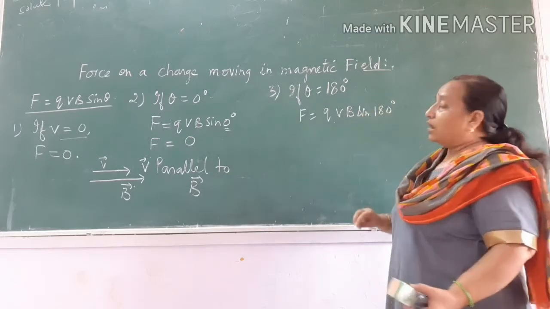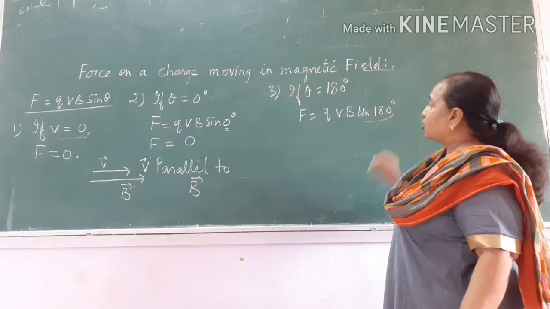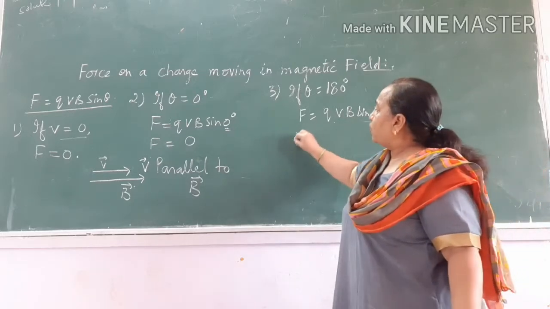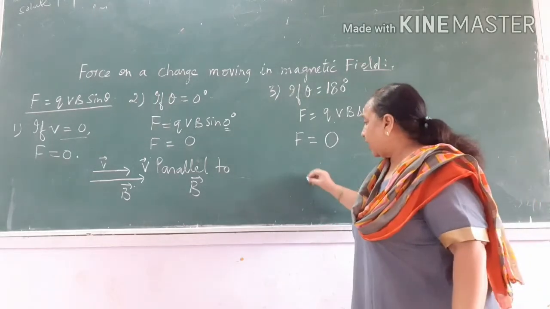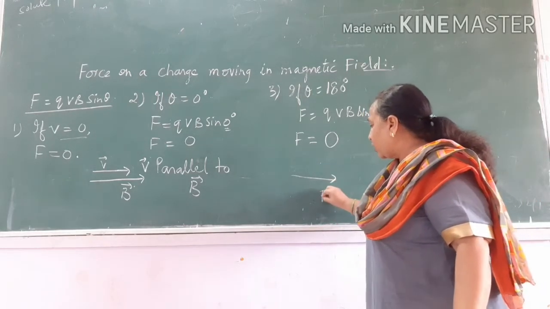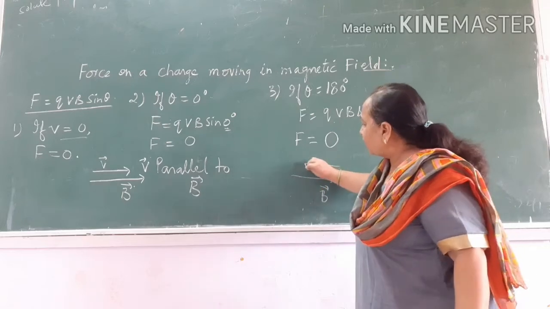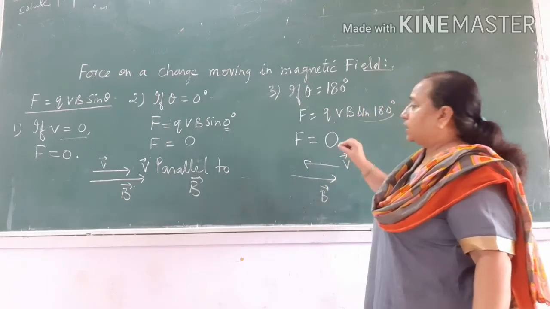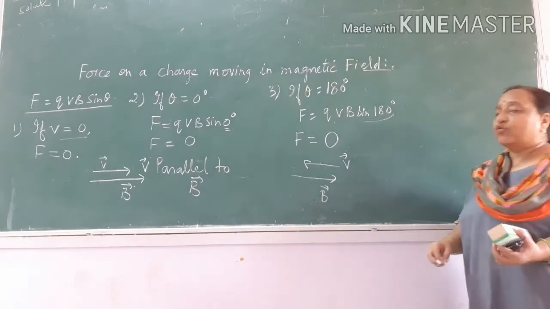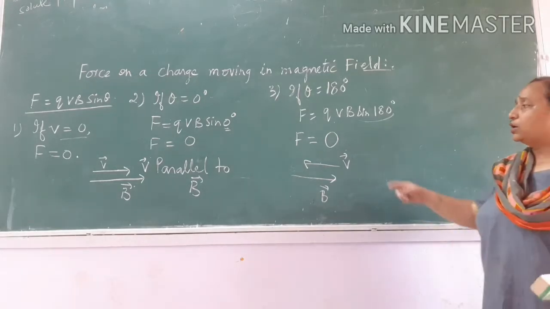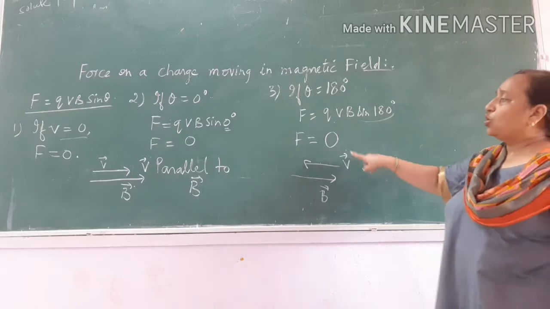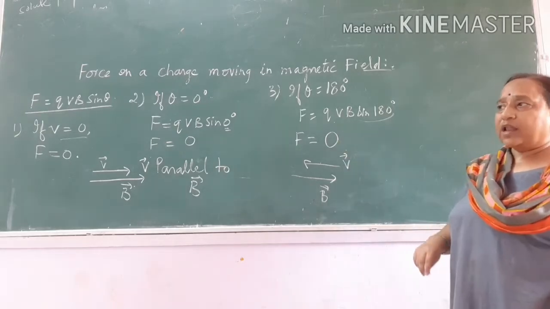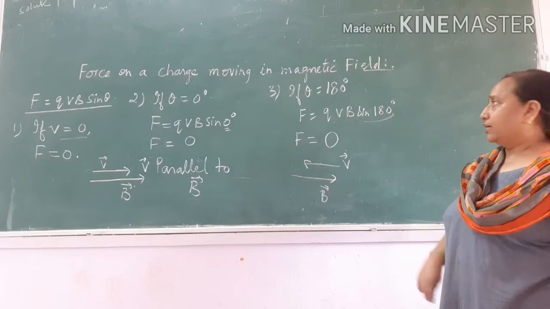Now once again this sine 180 degree is also 0, so it does not experience any force. So in this situation also, no force acts on the charged particle due to the magnetic field.